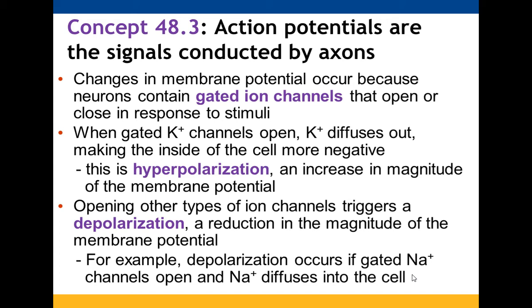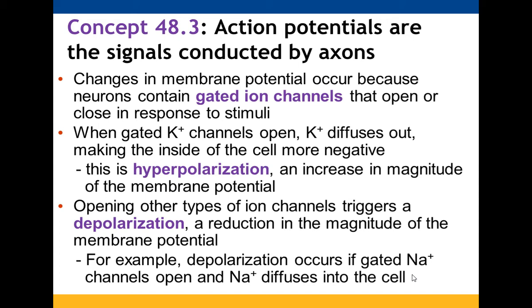When the magnitude, the size of that membrane potential increases, it's becoming more negative. You can have some ion channel changes that will cause the membrane to be depolarized, which would reduce the magnitude of that membrane potential, making it become less negative.